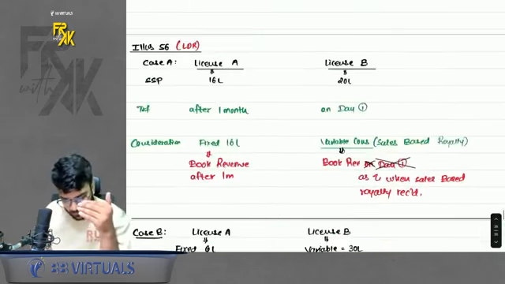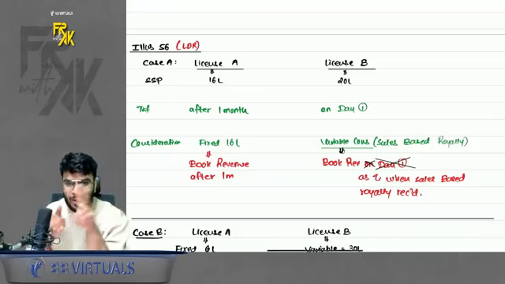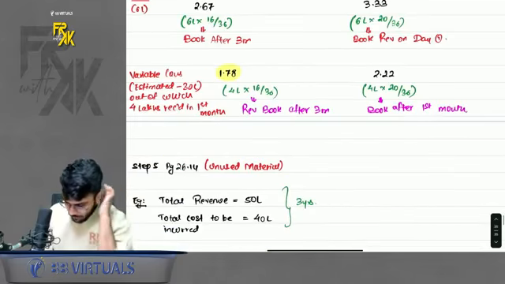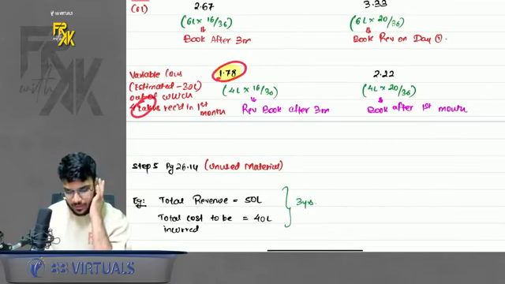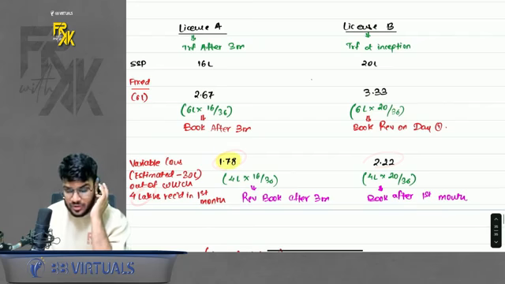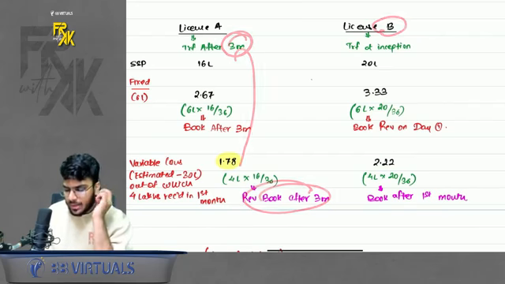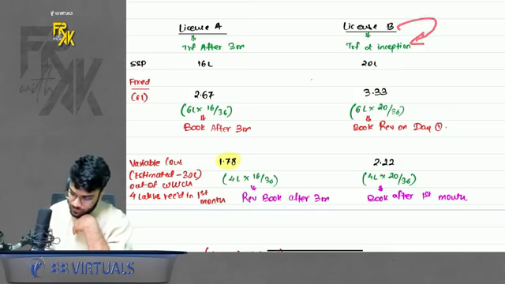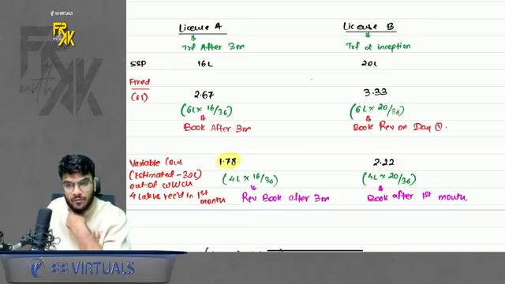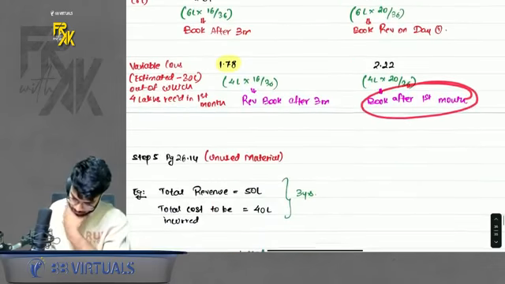In case A, because it was depicting the SSP, no need to allocate between both the licenses. Simple. So 4 lakhs you receive, bifurcate between A and B. For A, because the transfer will happen after 3 months, you can book the revenue after 3 months only. For B, transfer of license has already happened. So first month sales royalty you can book after first month. Simple. Clear? Yes. So good question.